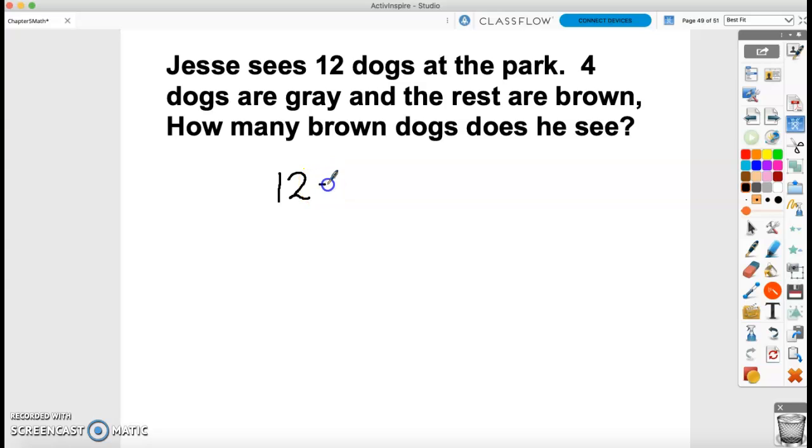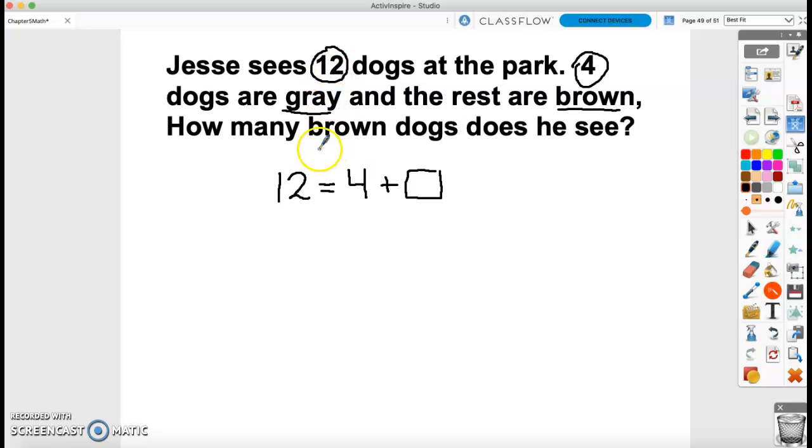So I know that 12 is going to equal something. And I see that he has gray and brown dogs. So it says here that there are 4 gray dogs. So I know the 4 gray dogs plus the brown dogs will equal 12 altogether. So remember, he only sees 12. He sees no more.